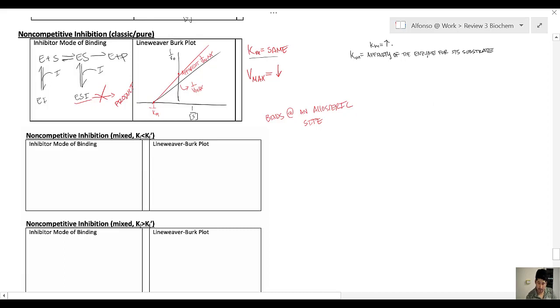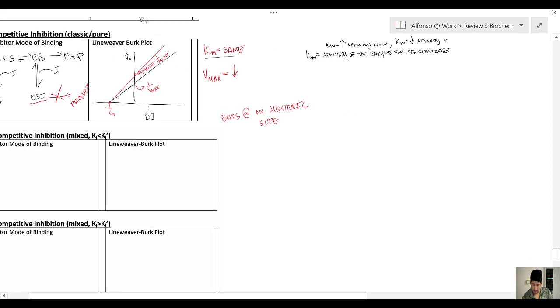Okay, so if Km increases, affinity has gone down, affinity down, and if Km decreases, then this means that affinity has gone up. So now the enzyme wants to bind more to its substrate. Affinity up. Ki is just like Km.